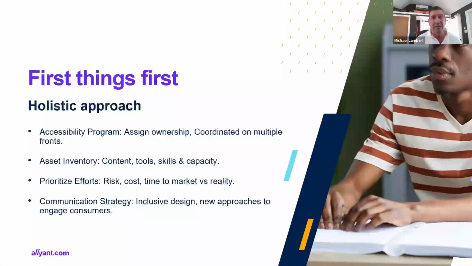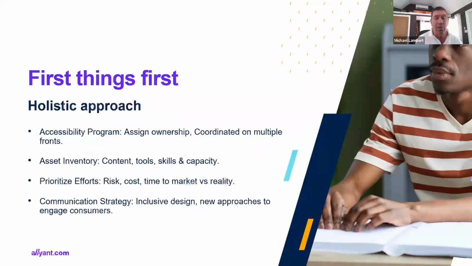So first things first, we have to take a more holistic approach. And a lot of organizations have created what is either an ADA department or an accessibility program. And this is important because it assigns ownership within the organization, and somebody's on the hook to make sure that somebody's working on this in earnest. And it needs to be coordinated on multiple fronts. So even in our presentation, we were talking about the web people, the mobile people, business application people, tons of lines of businesses, corporate communications, marketing.